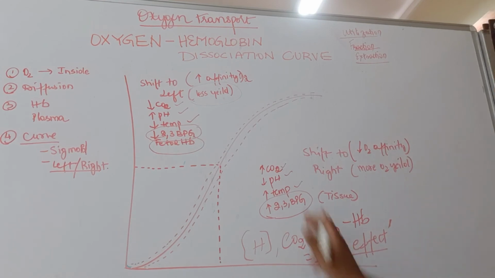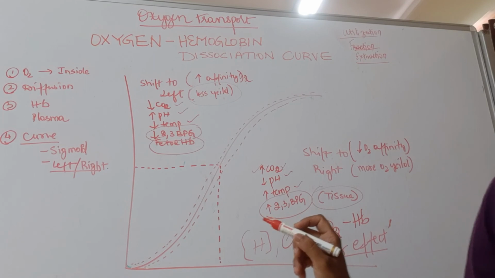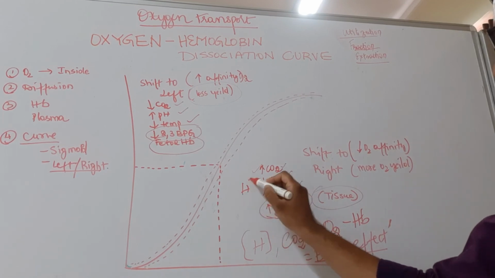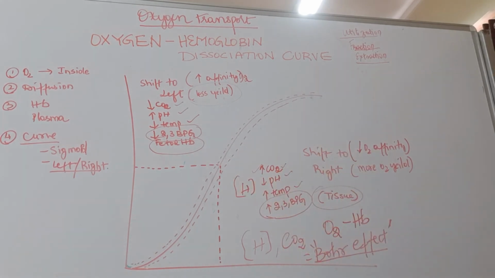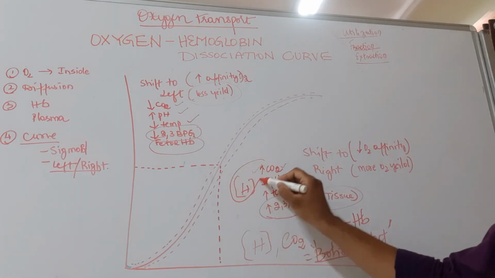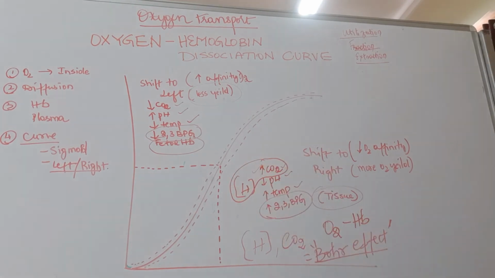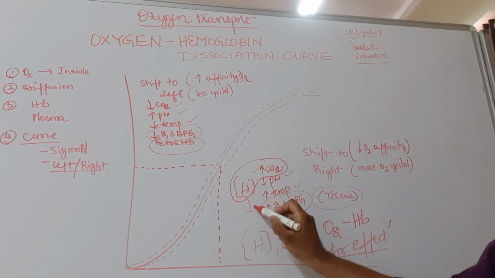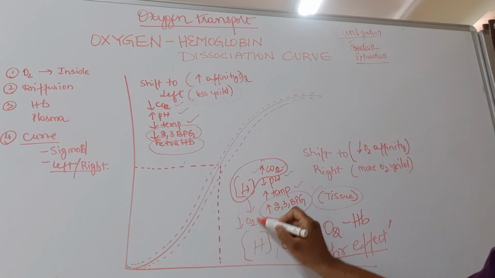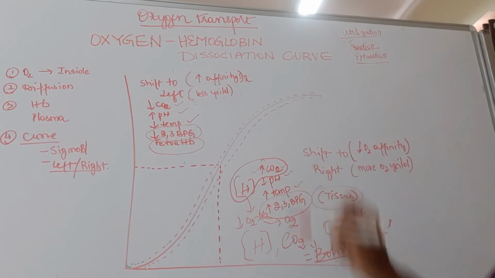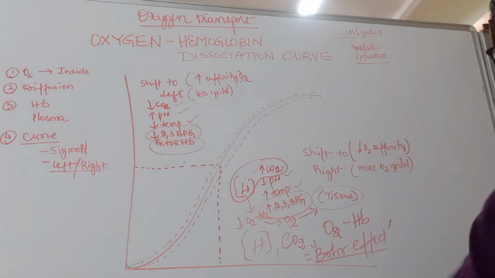This can be explained at the tissue level. At the tissue level, the concentration of carbon dioxide is more and the hydrogen ion concentration is also more, which leads to decreased pH. So the increased concentration of carbon dioxide and hydrogen ion always decreases the affinity of oxygen to the hemoglobin. So the oxygen comes out, which is important at the tissue level.